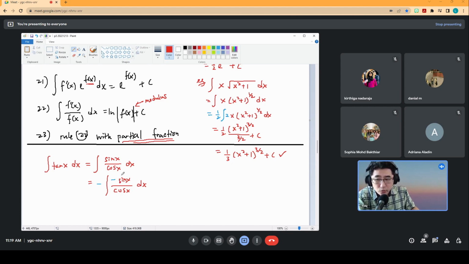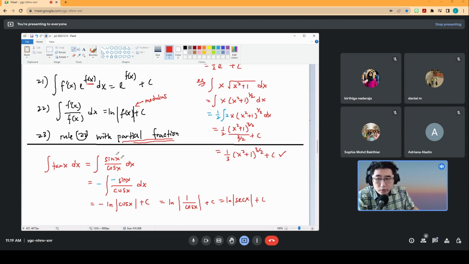It becomes negative of ln modulus of cos x plus c. If the question would like you to further manipulate the form, the negative can be brought up as a power of negative 1, then you have 1 over cos x, so you have ln of secant x plus c. Of course, it depends on whether the question requires you to do the changes or not.